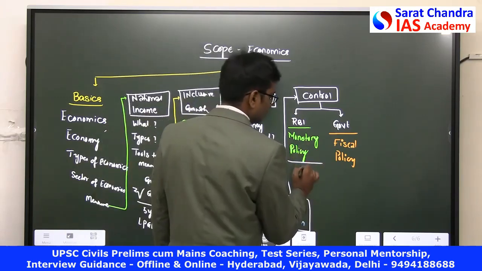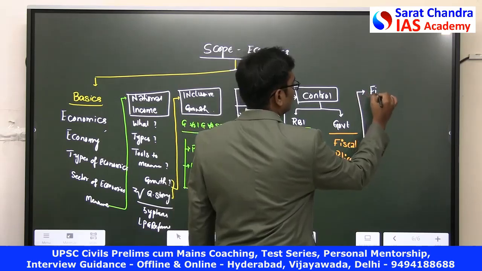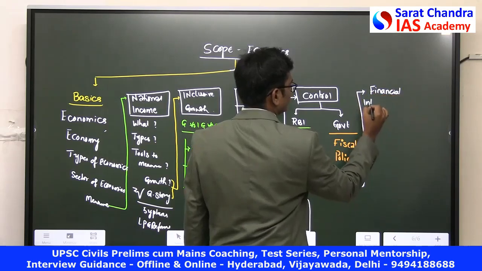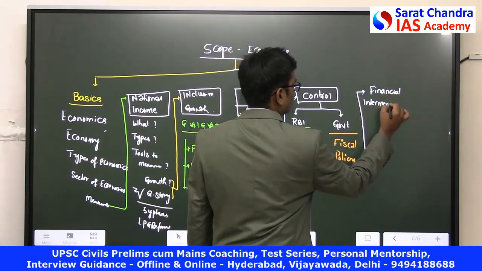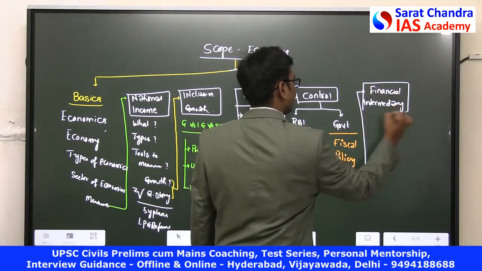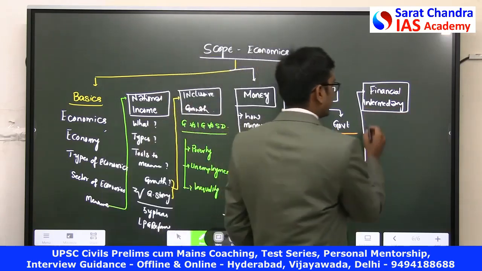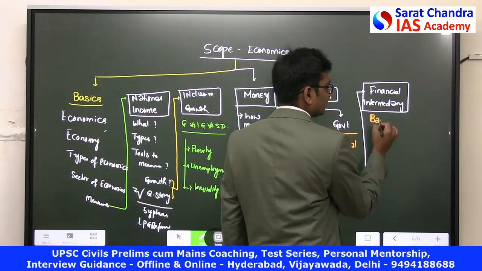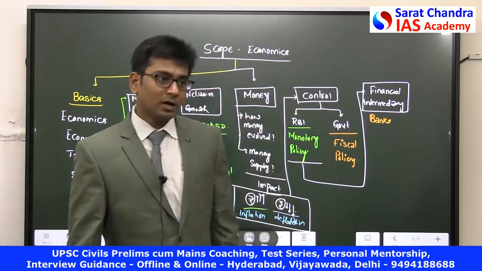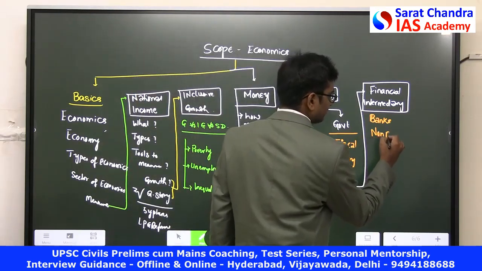So this makes us subsequently enter the next topic called financial intermediaries, where we will discuss banking sectors, banks, the banks' problems, in detail. We will discuss banks and non-banks. There are certain institutions called non-banks.